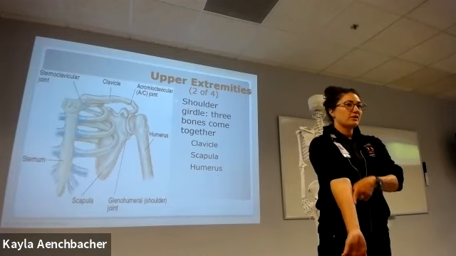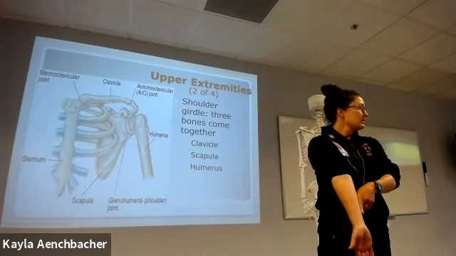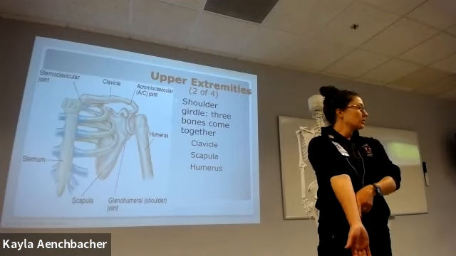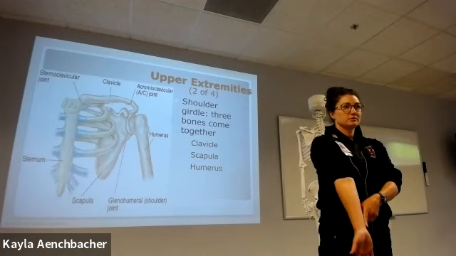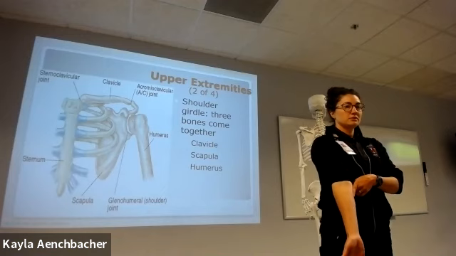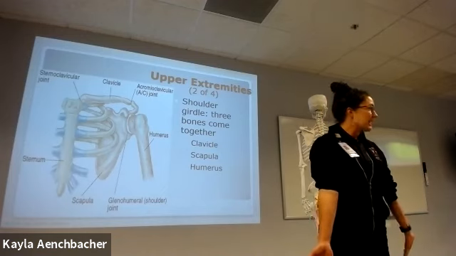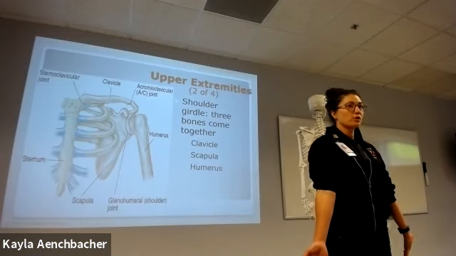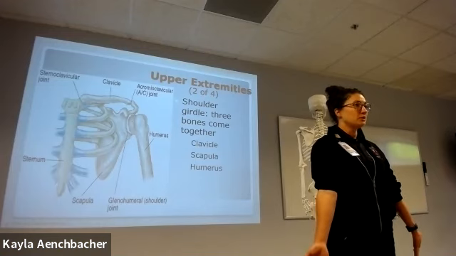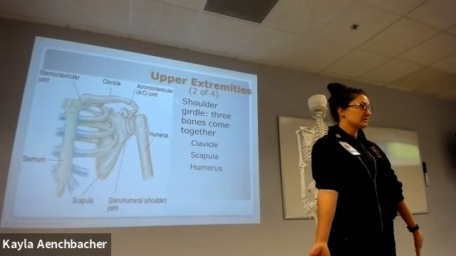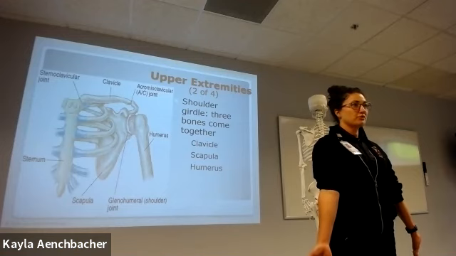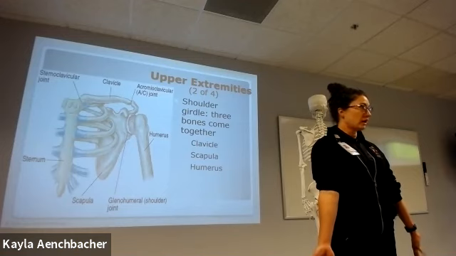You have a bone that mirrors the side where your pinky is. That's going to be your ulna. Based on your anatomical position, the lateral bone in your forearm is your radius. The medial bone in your forearm is your ulna.